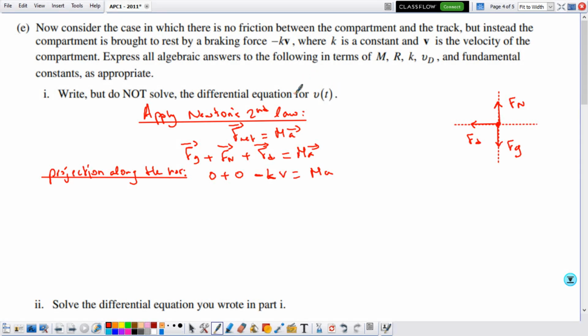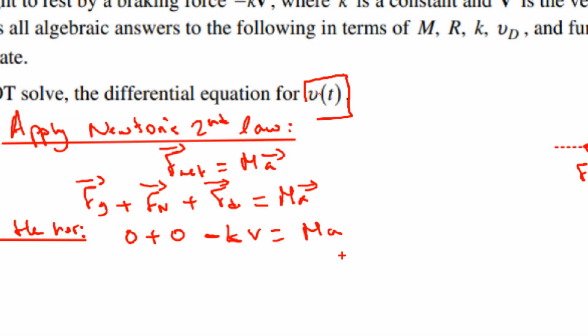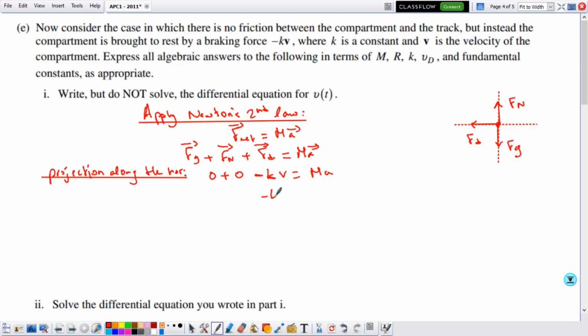And here we're interested in determining a differential equation for v. Then a can be related to v via calculus, which is dv by dt. Then minus kv equals m dv by dt, which means m dv by dt plus kv equals 0. And let's represent it in a neat form, given by dv by dt plus k divided by m multiplied by v equals 0.